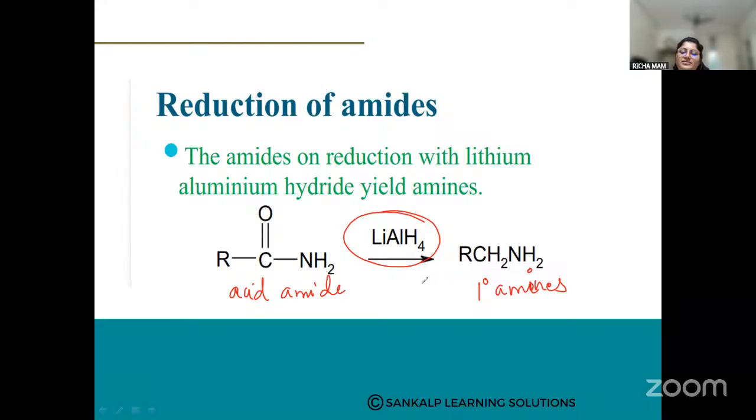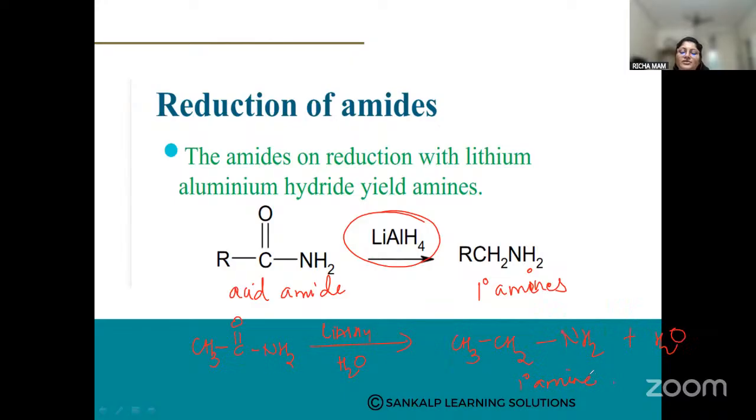Let me give an example. I'll take this as acetamide, in the presence of lithium aluminum hydride and water. What am I going to get? I'm going to get CH3CH2NH2 plus water. So this is a primary amine.